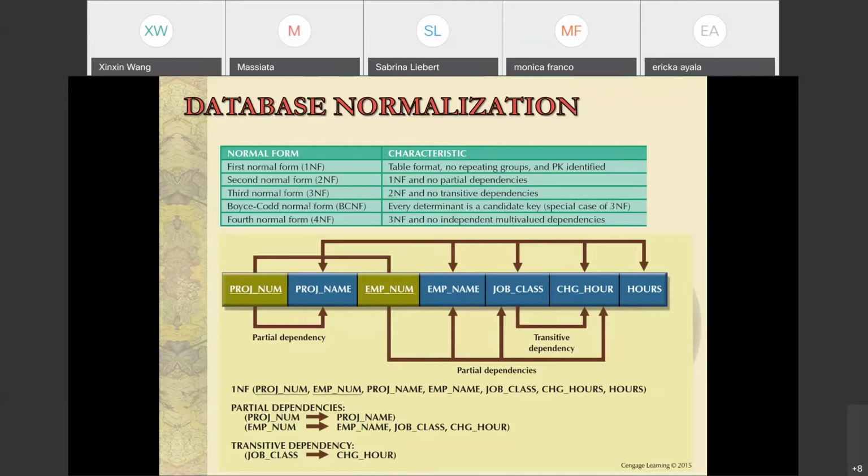So as we can see, identifying from this example helps us understand what the important components are that we should check before we actually do the first normal form.